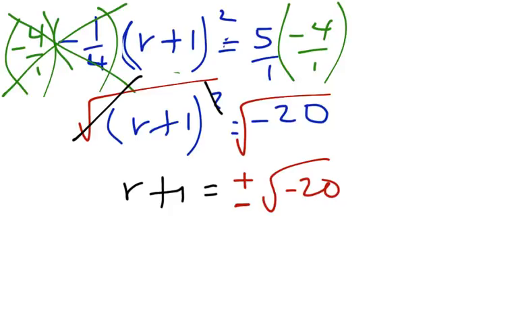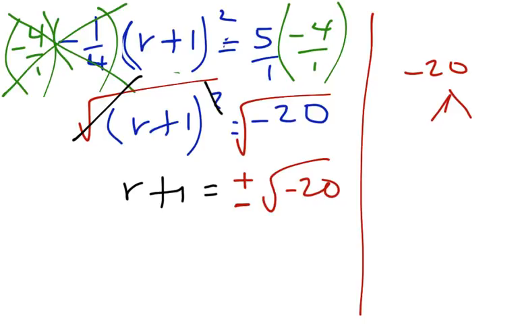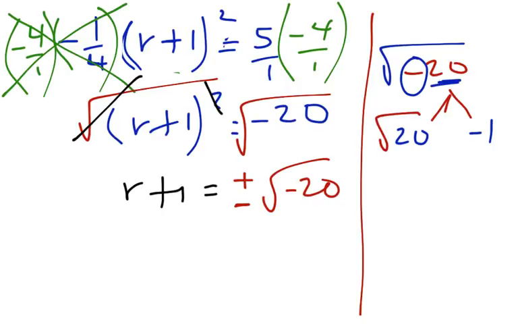Like in the previous problem before, I'm going to take that negative 20 and break it into the number itself, which is 20 times negative 1. The reason is that the square root of negative 20 is the square root of 20 times negative 1. But this is square root of negative 1, which is i.